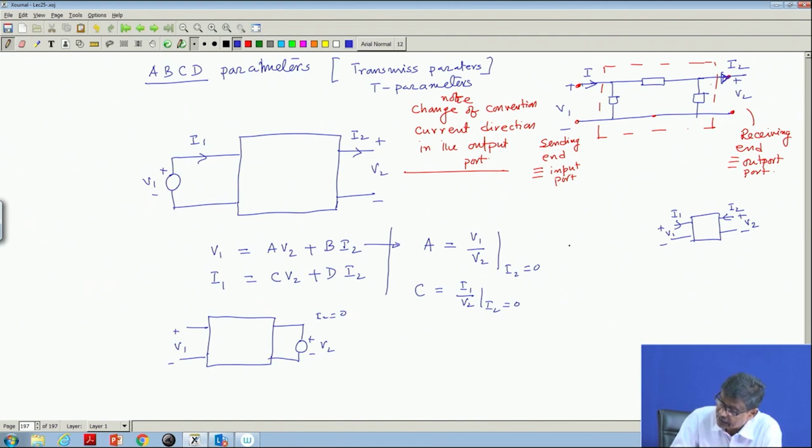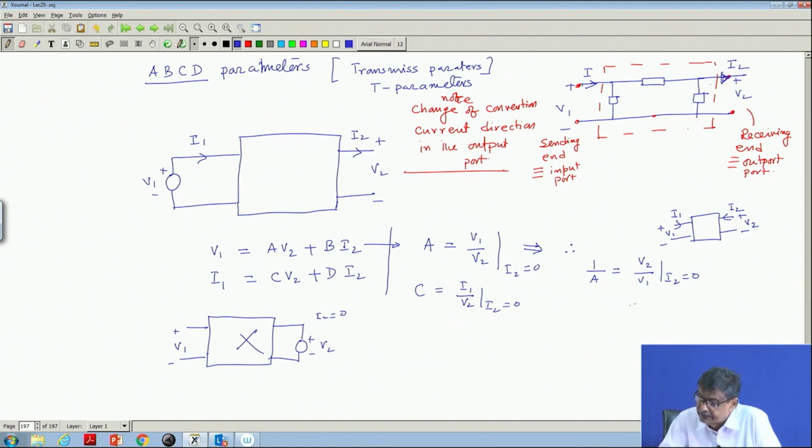But then what I can do is this: from this I come to know 1 over A. 1 over A will be V2 by V1 with I2 equal to 0. And here lies the clue. In this way it is not possible to find out the value of A, but it tells you that 1 over A is V2 by V1 with I2 equal to 0.